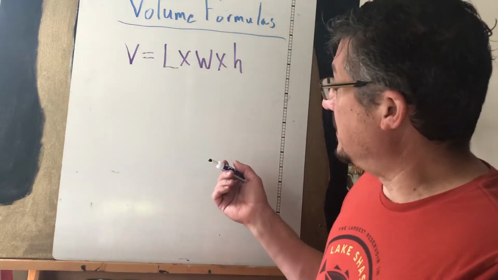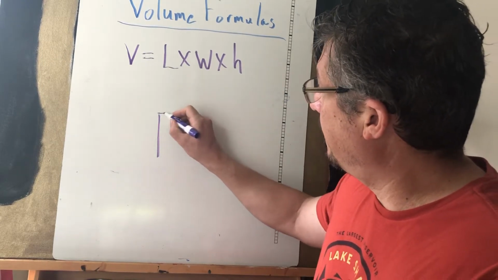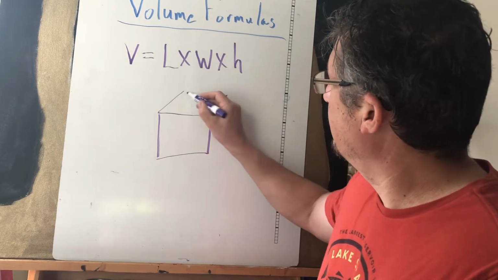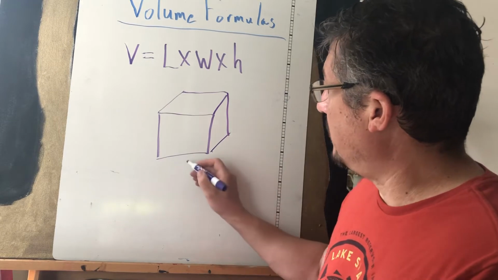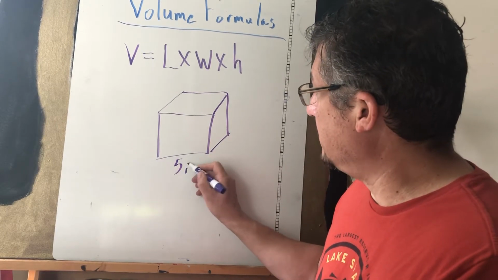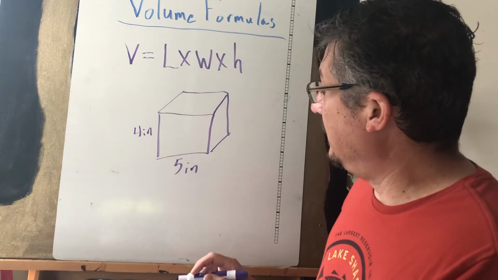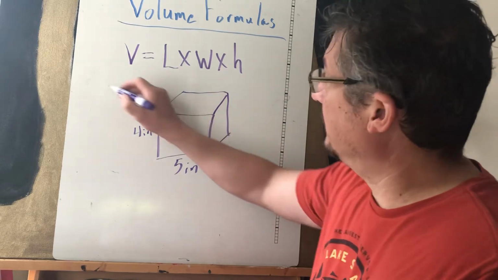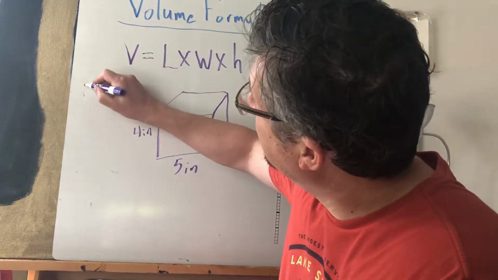One of the problems is going to be where they give you 5 inches, 4 inches, and then, let's say, not area, volume.